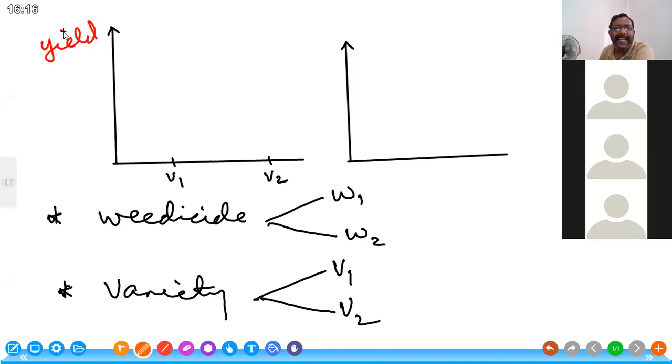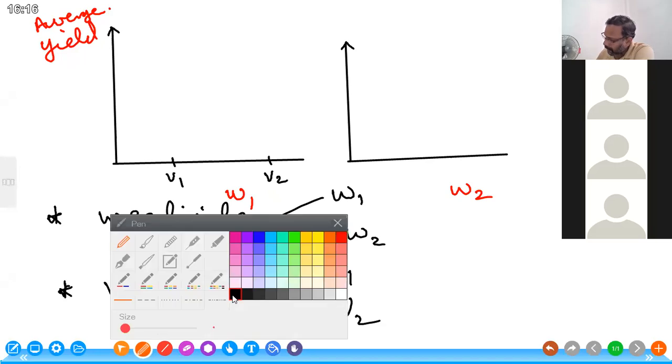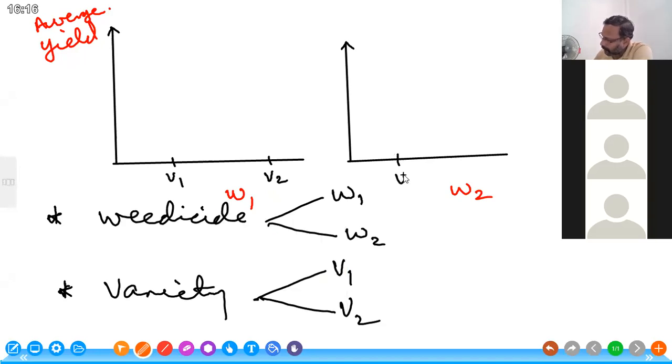I'm going to measure the average yield of paddy for variety 1 and variety 2. So here I have used we decide 1. Here I have used we decide 2. So I'll finish this and then come to that.